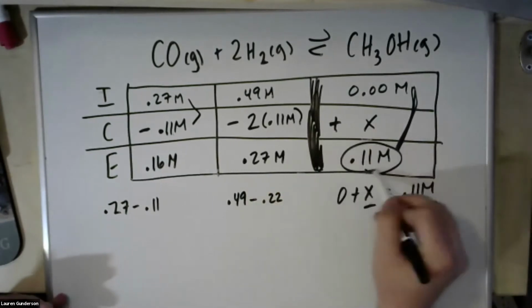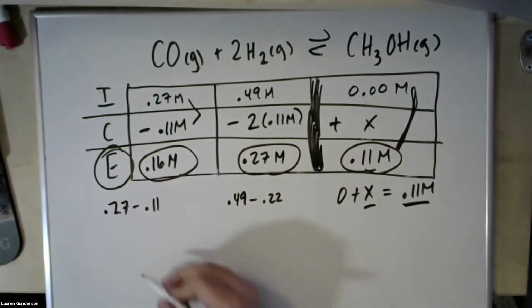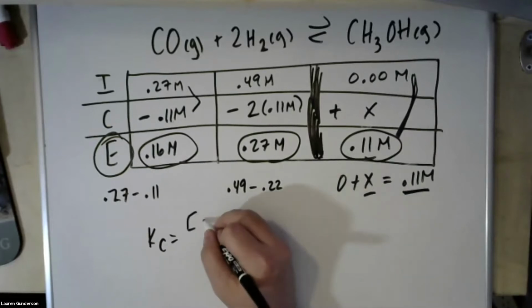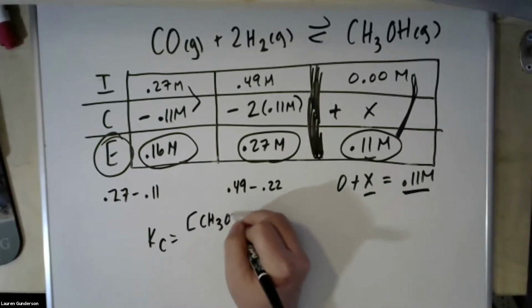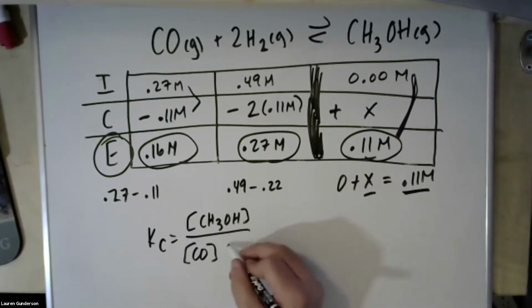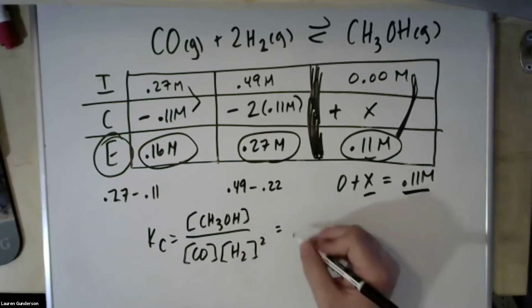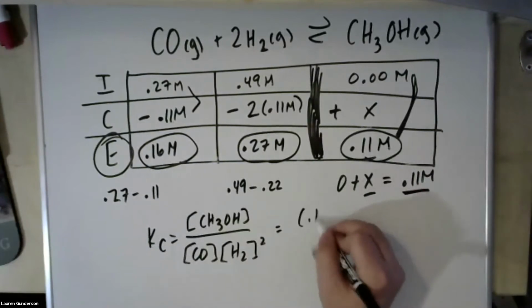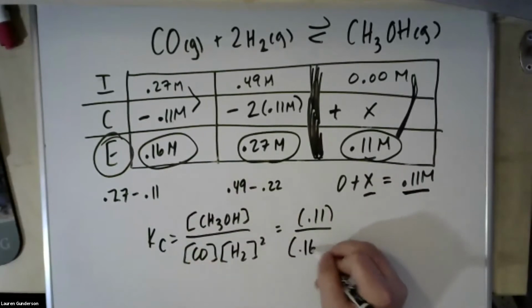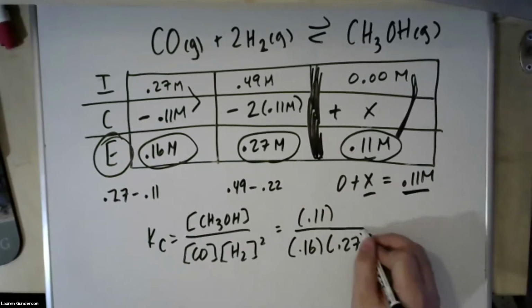Once we have all 3 equilibrium concentrations, remember we have to use that E row to find Kc. We're going to do our products over the reactants raised to our coefficients. So 0.11 over 0.16 over 0.27 squared.